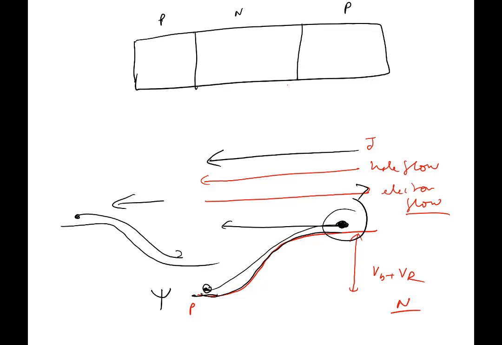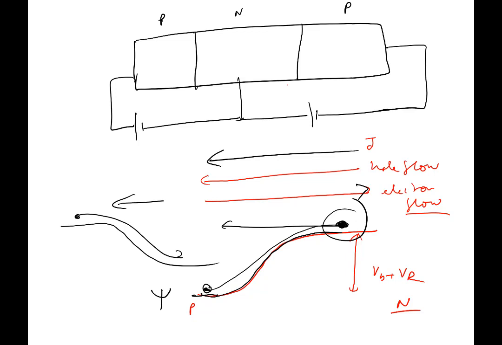You forward bias this junction, and under normal cases you reverse bias this one. This is a reverse bias junction. There is a barrier. You can apply 5 volts here, and if the VBI is 0.8, then the total barrier becomes 5.8.